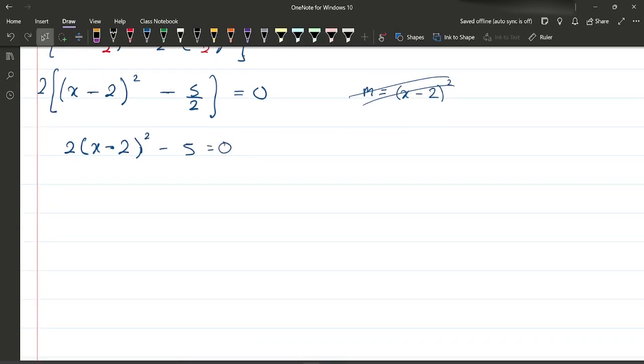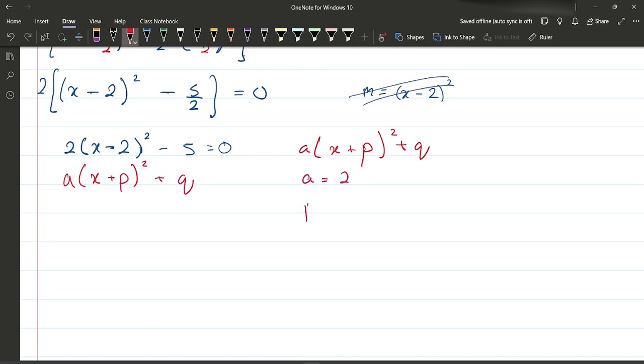Okay, so we found our form. It can be in many ways, but a(x plus p) squared plus q. So this is our a, this is our x, this is our p squared plus q. So a is equal to 2, p is equal to minus 2, q is equal to minus 5.